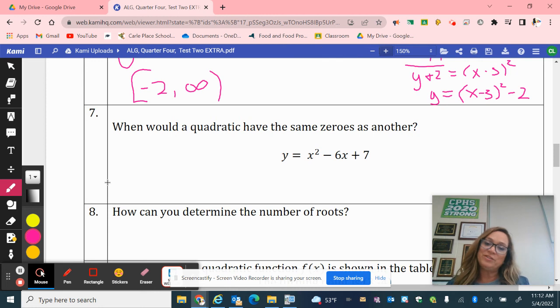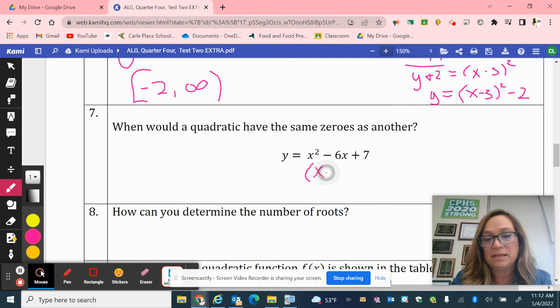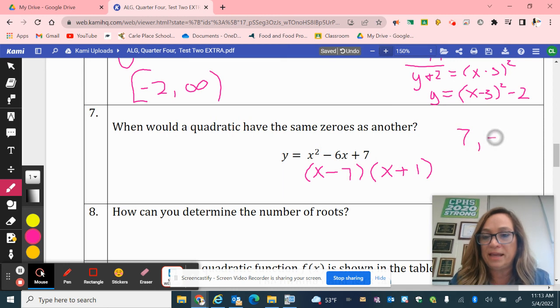When would a quadratic have the same zeros as another? It's basically when there's a dilation. So for example, I would be able to factor this, and I would have x minus 7 and x plus 1, right? So that means that the zeros are 7 and negative 1. Those are my zeros.